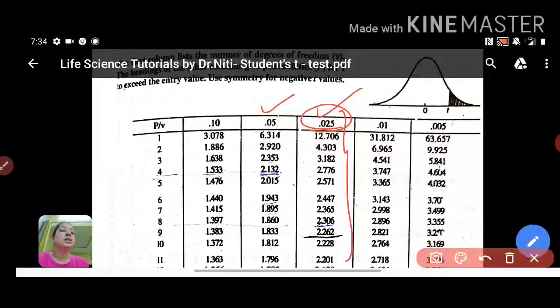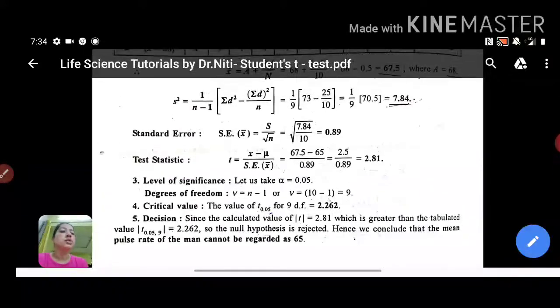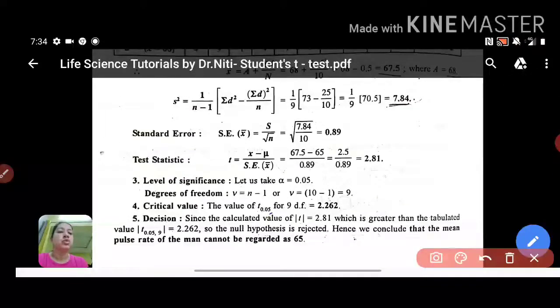That means, okay, so here at the 9 degrees of freedom at 2.5% the t value is 2.262. So here you can see that 2.262, and calculated t value is 2.81 and tabulated t value is 2.262.